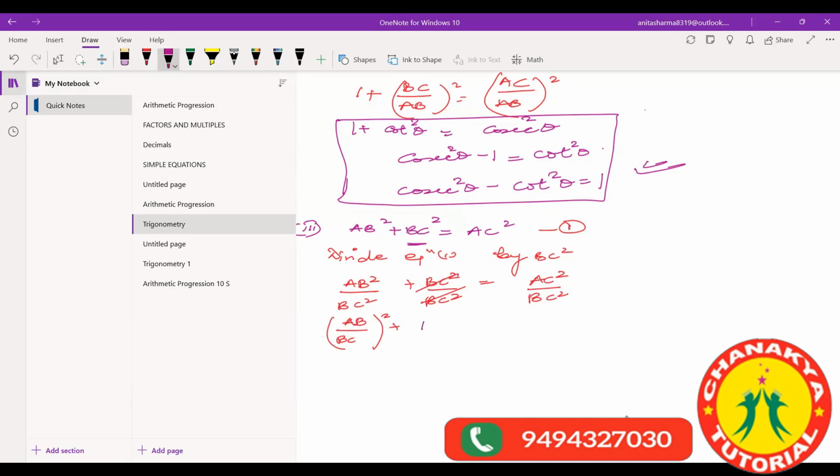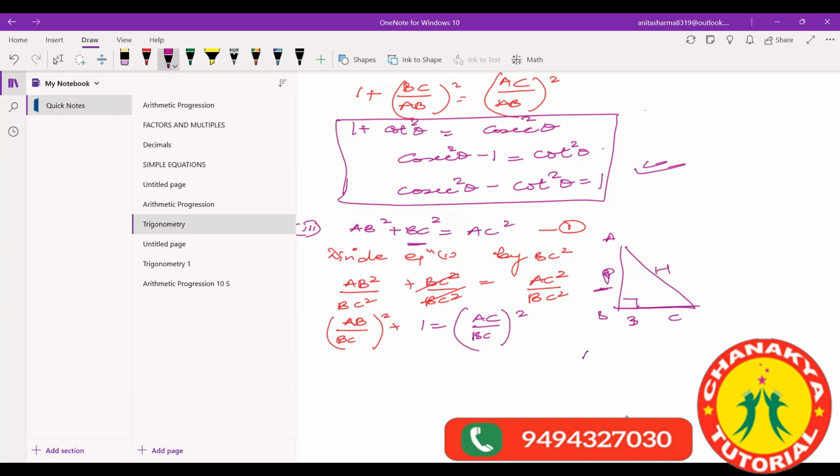Right? And AC upon BC whole square. Again, just check your right angle triangle ABC. This is your perpendicular, this is your base, and this is your hypotenuse. So AB is perpendicular and BC is base.